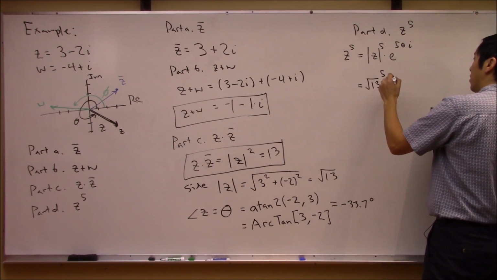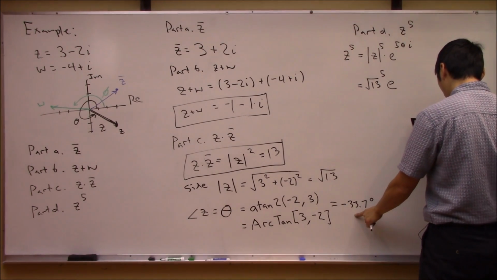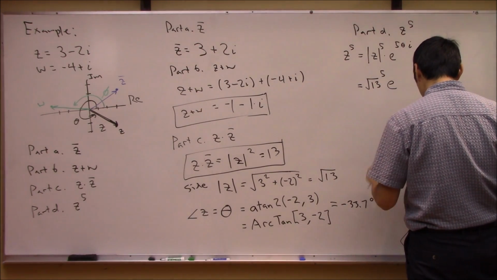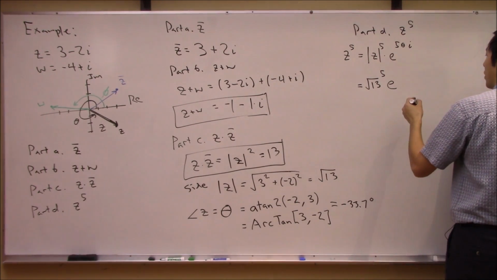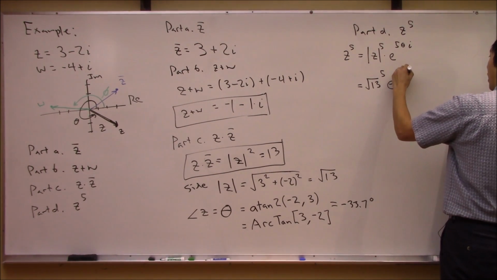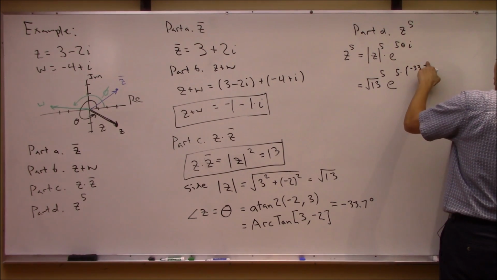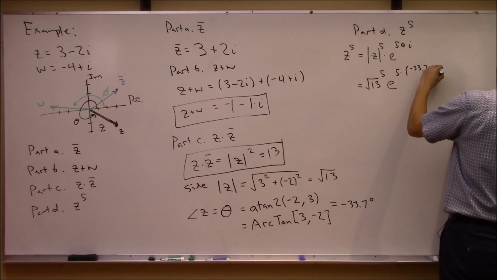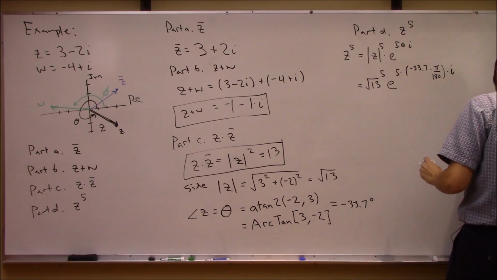And then e to the, oh gosh, I should have computed what this was in radians. Shoot, I didn't have that in radians. Okay, tell you what, we can kind of fake this. We know that it is negative 33.7 degrees, but I'm going to convert this to radians, so this is going to be pi over 180, times i.